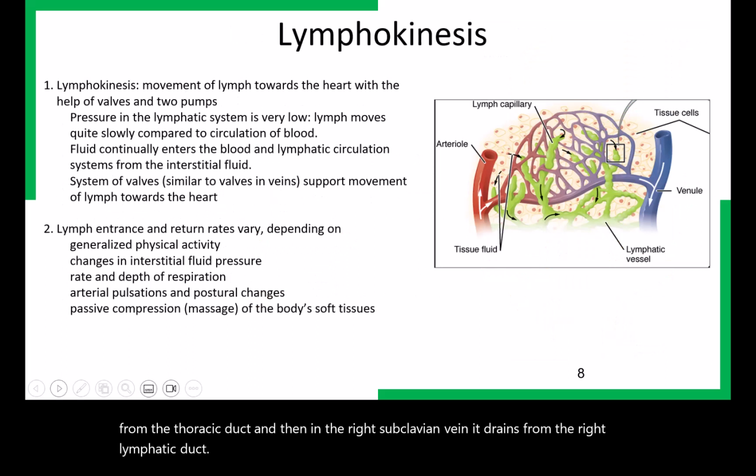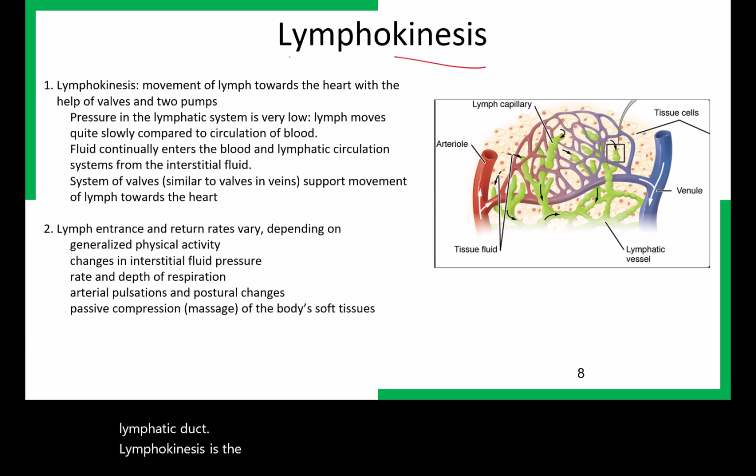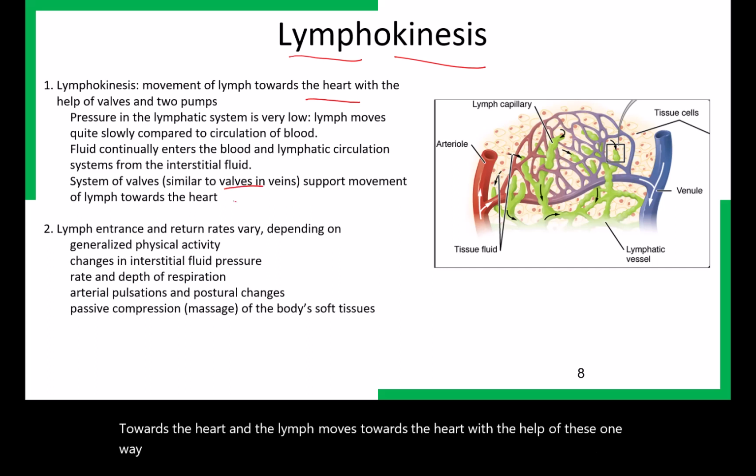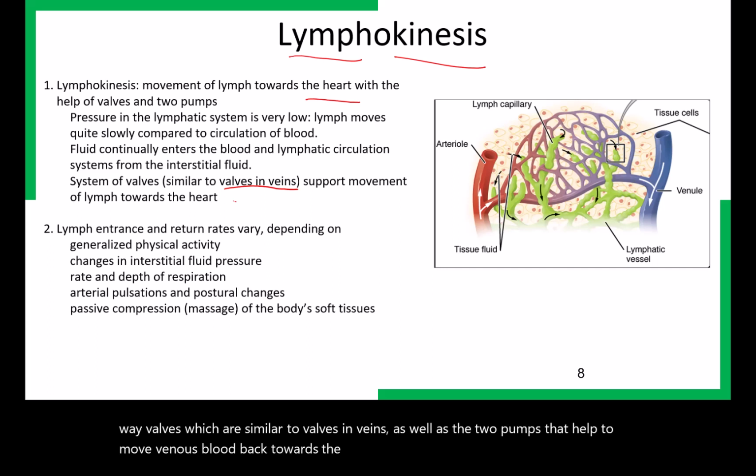Lymphokinesis is the movement of lymph towards the heart. The lymph moves towards the heart with the help of one-way valves, which are similar to valves in veins, as well as the two pumps that help move venous blood back towards the heart, right?